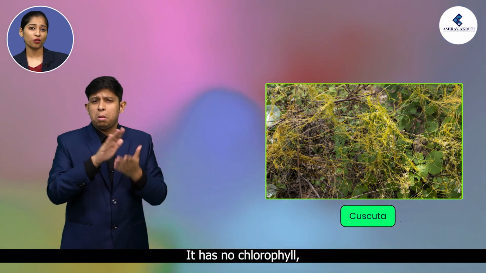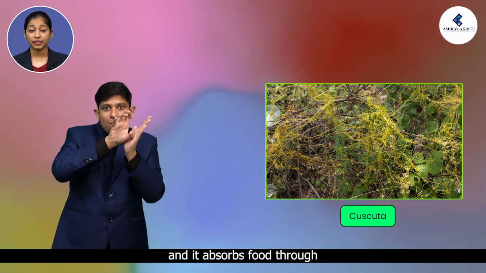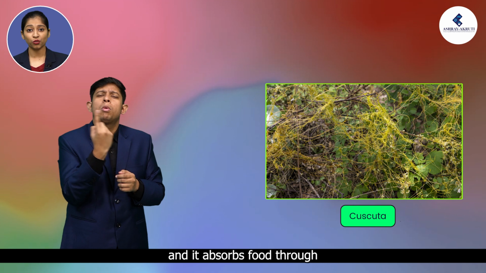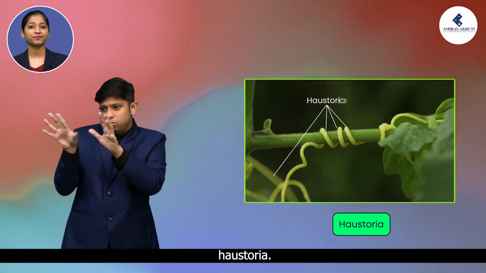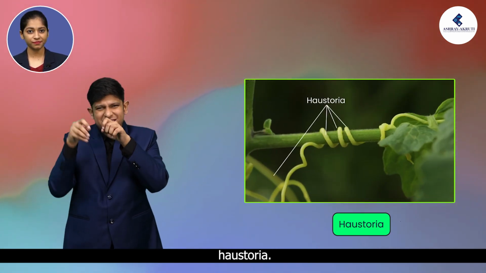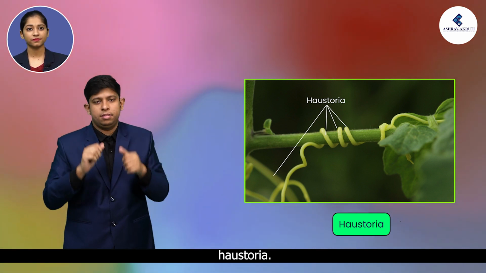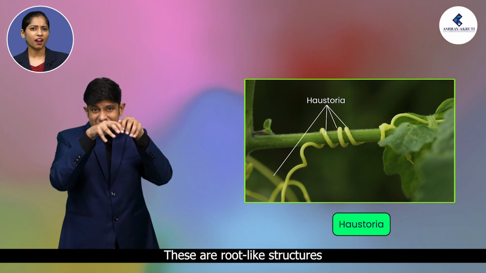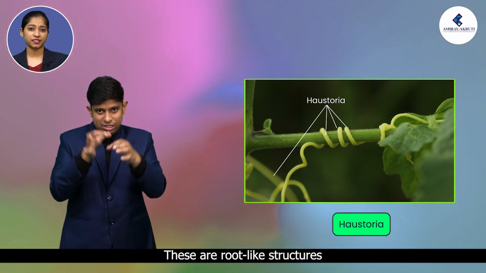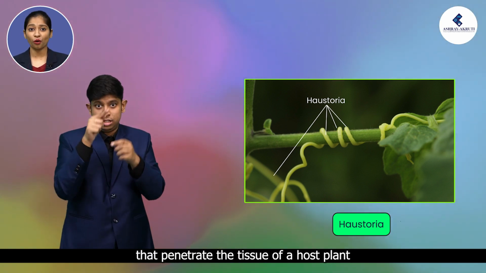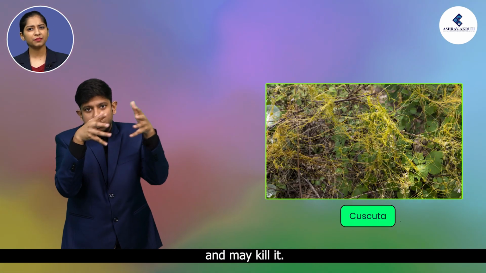It has no chlorophyll and it absorbs food through haustoria. These are root-like structures that penetrate the tissue of a host plant and may kill it.